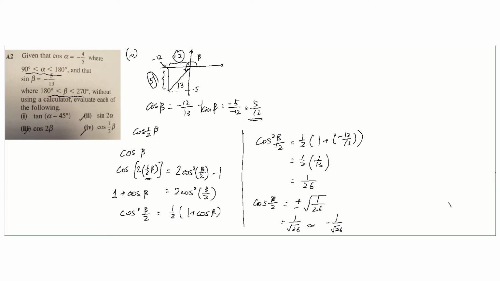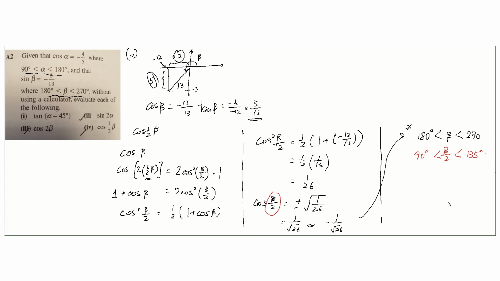Before we blatantly say yes or blatantly say no, it is good for us to actually consider the range of beta values over here first, because our dear beta is between 180 to 270. So if I'm talking about beta over 2, I am talking about beta over 2 being between 90 to 135.